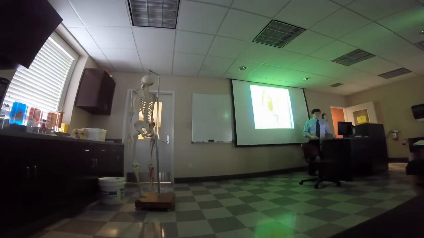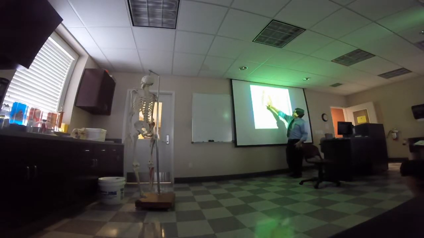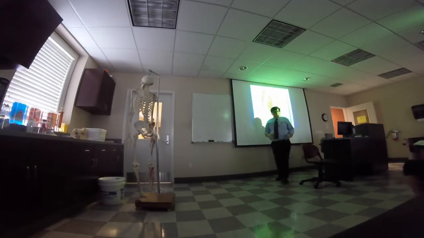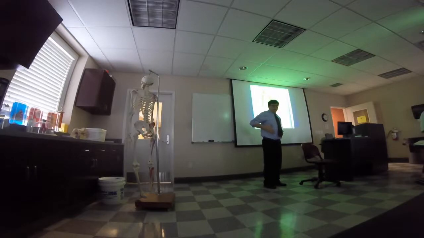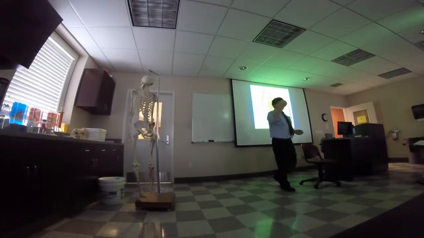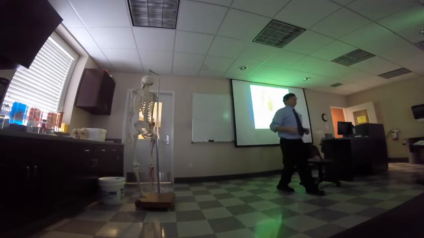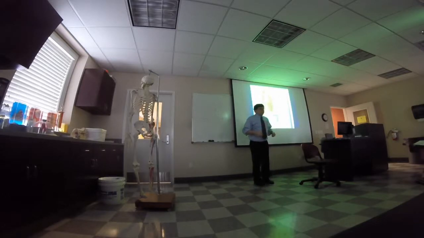Okay. So what we see here are the external intercostal muscles. The external intercostals have fibers that run in this direction, as if your hands are in your pockets. They originate from the rib above and insert upon the rib below, such that when they contract, they raise the lower rib up like the handle of a bucket.